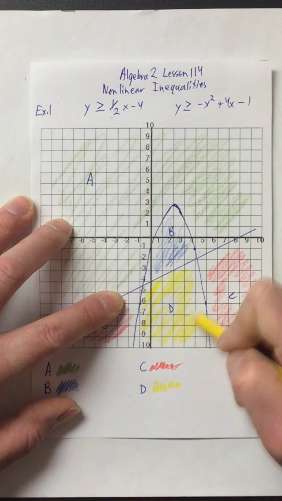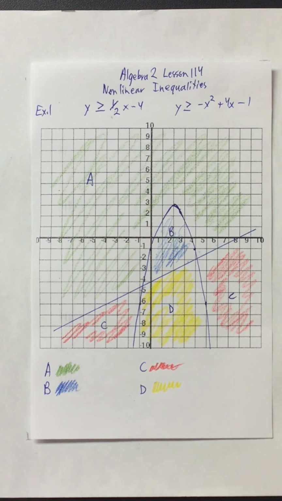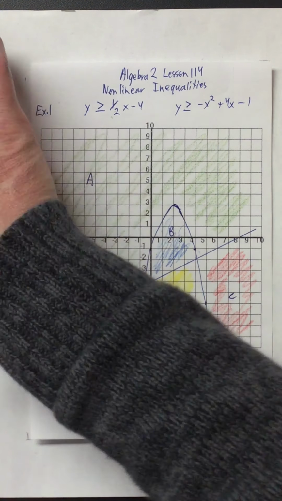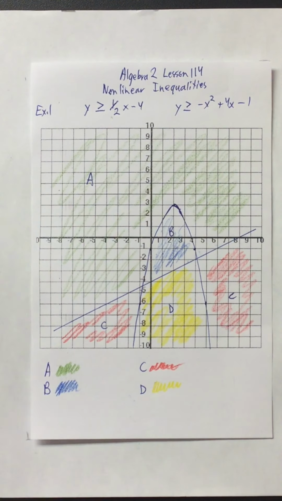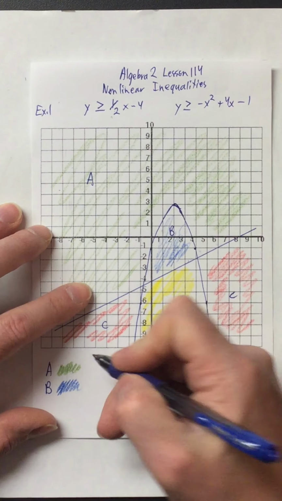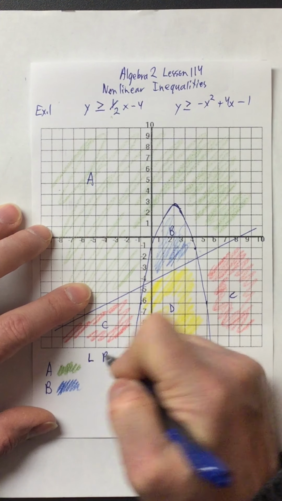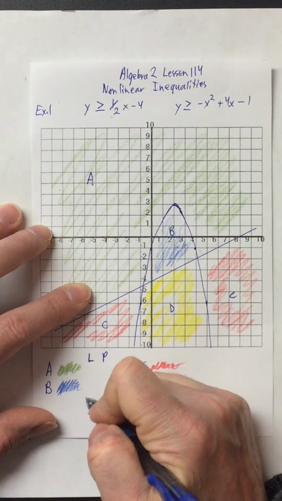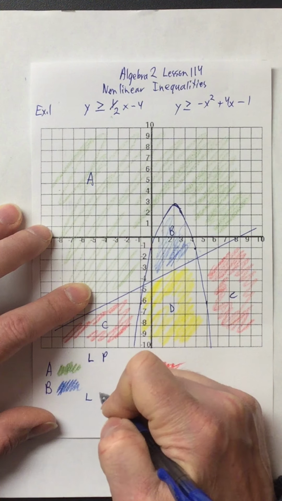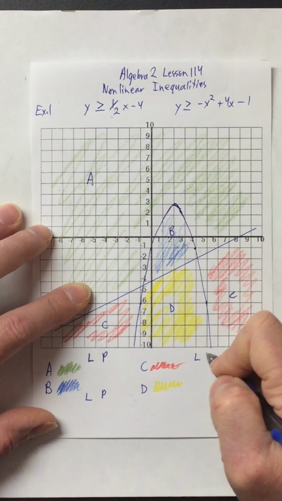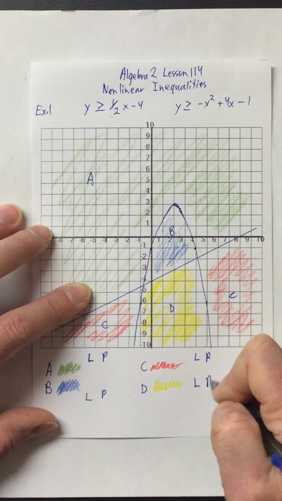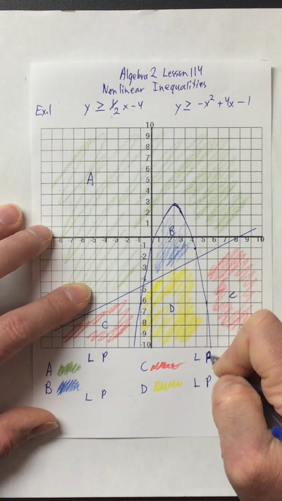So there's our different spots, and I'll take the extra time to write that in. Let's put an L for linear and a P for parabola.